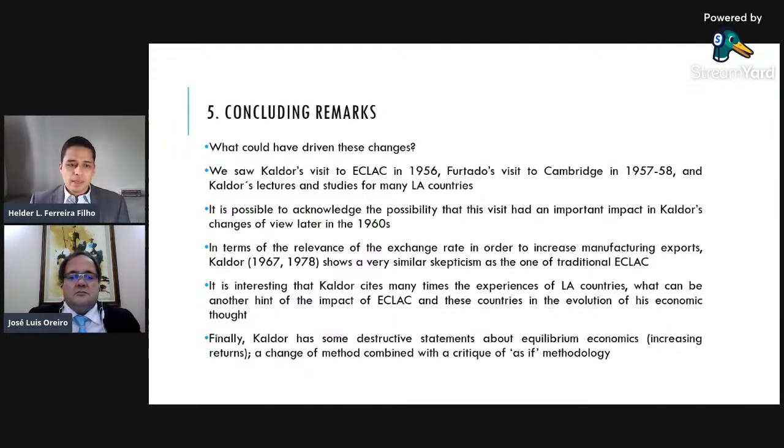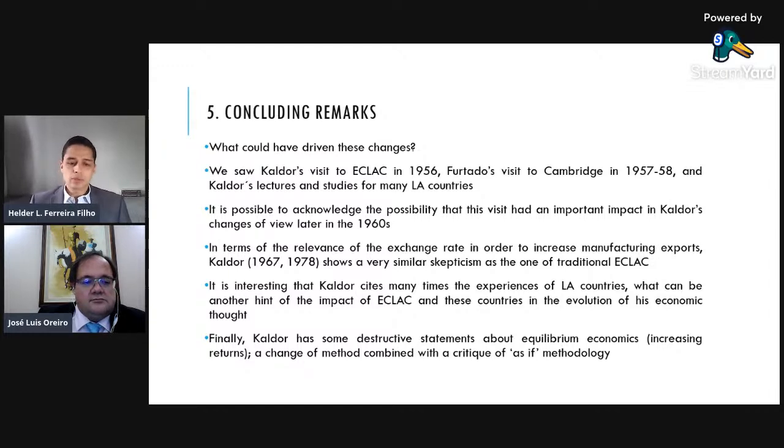In terms of the relevance of the exchange rate in order to increase manufacturing exports, Kaldor shows in 67 and 78 a very similar skepticism to the one traditional in ECLAC. It's interesting to note, too, that Kaldor cites the experience of Latin American countries many times, which can potentially be another hint of the impact of ECLAC and these countries on him.